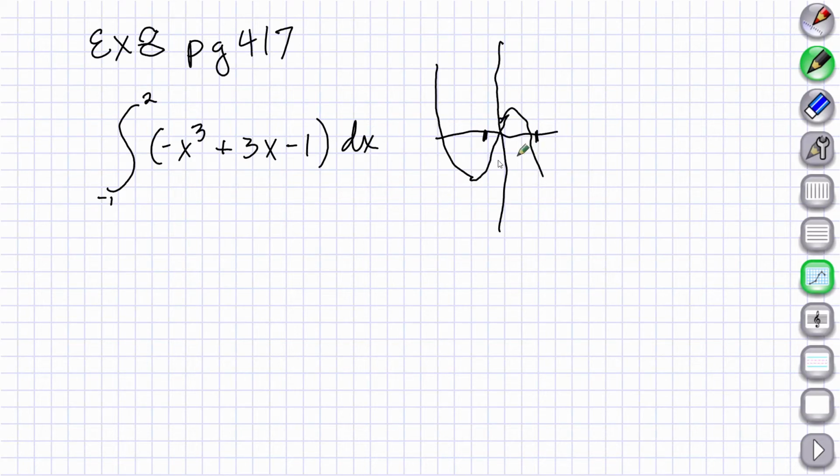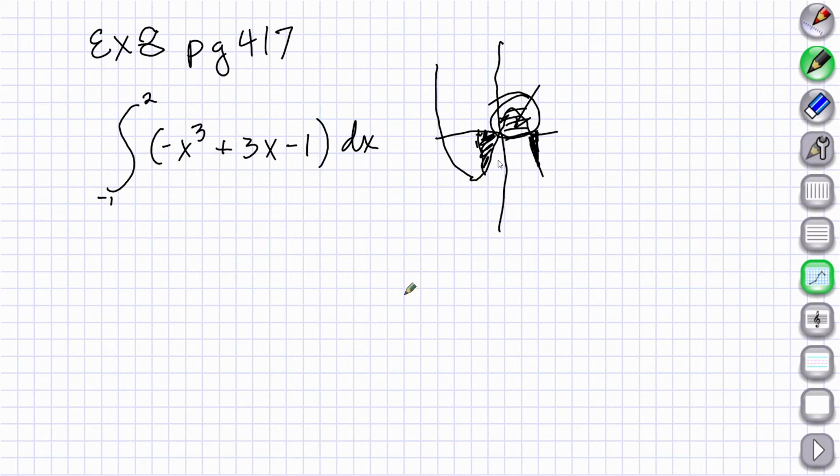So we're computing different things. We're computing this area and this area, the areas under the curve. But then I think we have to subtract off this area here. So it's kind of a weird little problem. We're not counting in this area. It's the area under the curve. So anyhow.